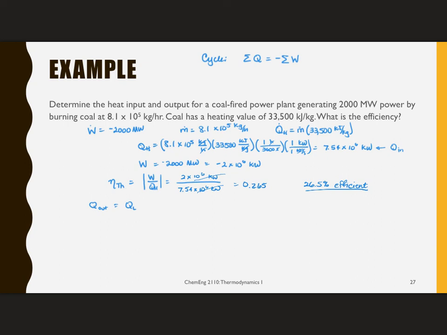So 7.54 times 10 to the 6 kilowatts plus Q sub L is going to equal 2 times 10 to the 6th kilowatts. Q sub L, therefore, is 2 minus 7.54, or negative 5.54 times 10 to the 6th kilowatts. And that is going to be our heat output, so the heat that is lost by the system.